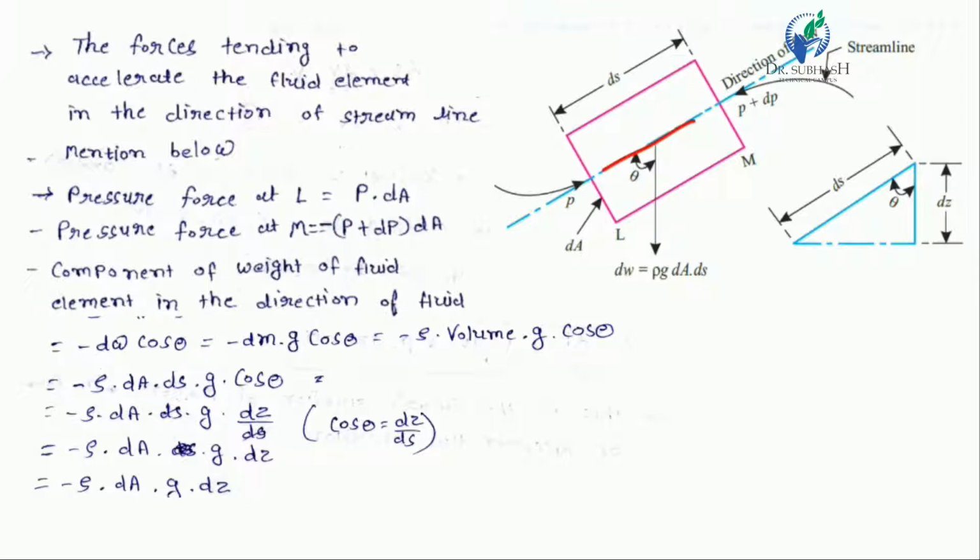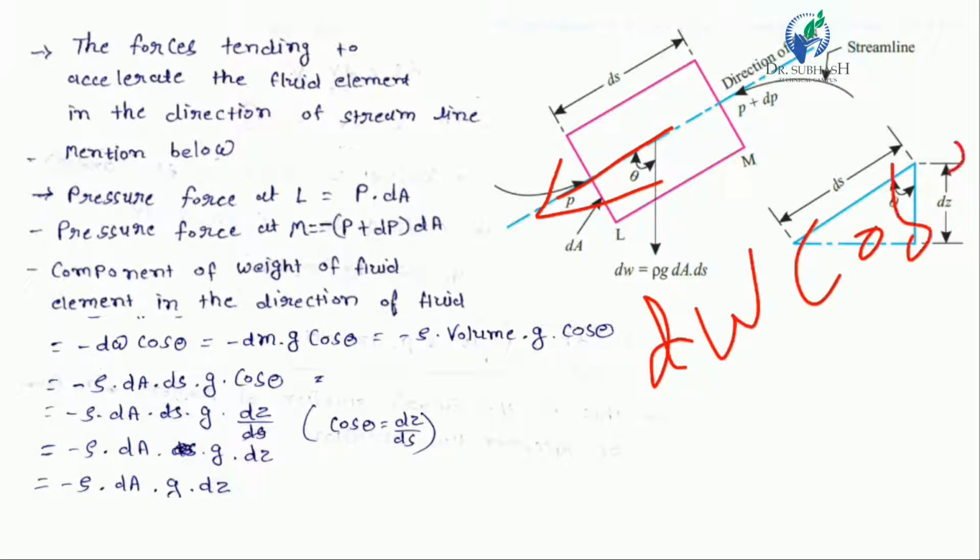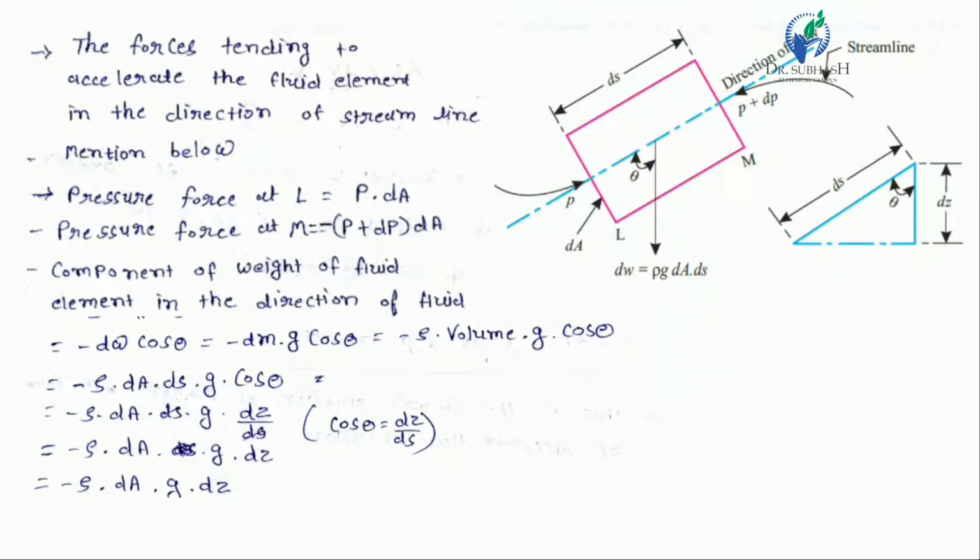The other force is a component of the weight of the fluid element. We consider only the one component which is in the flow direction of the fluid element. That component is dW cos theta. Again the sign is negative, because the component of weight of the fluid element is opposite to the direction of flow.